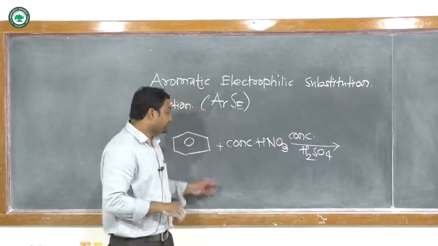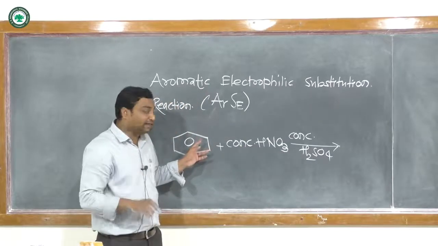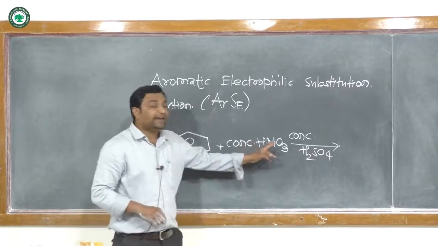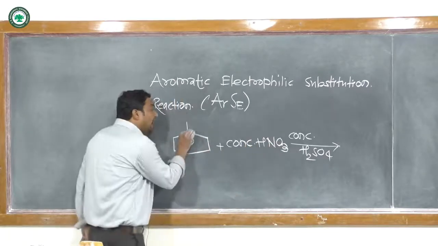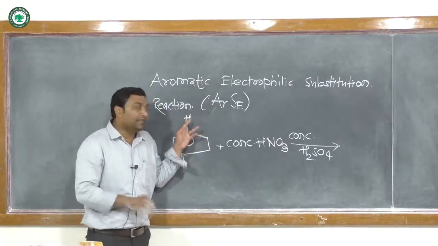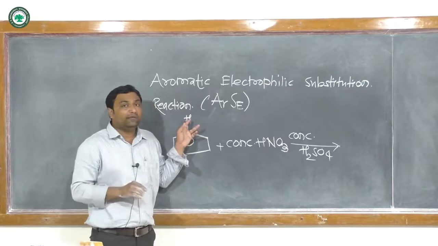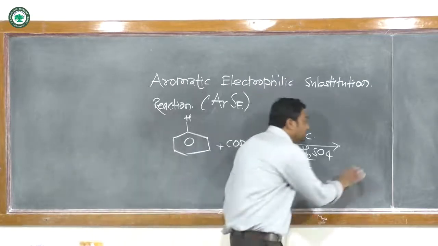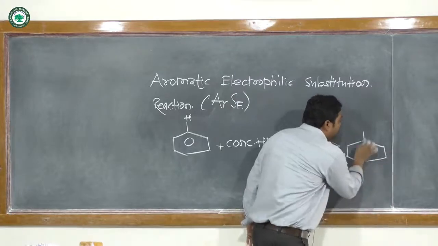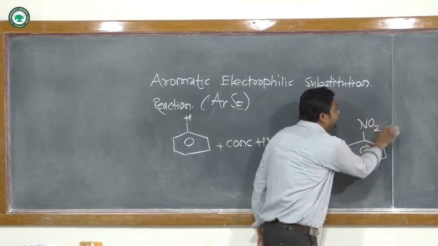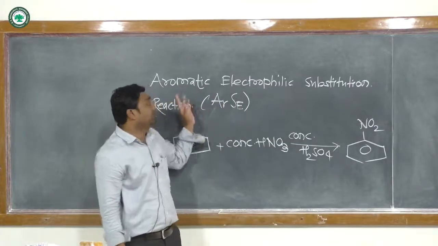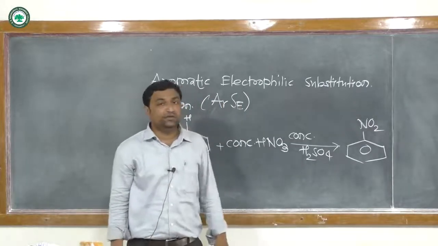So when this benzene is treated with nitrating mixture, one of the hydrogen atoms from this benzene ring is replaced by the nitronium ion, and we will obtain nitrobenzene as a product. This is all about the aromatic electrophilic substitution reaction.